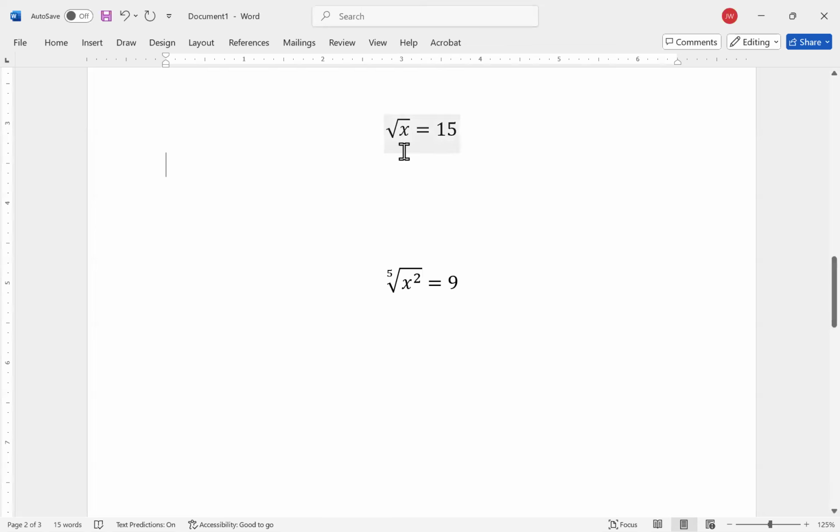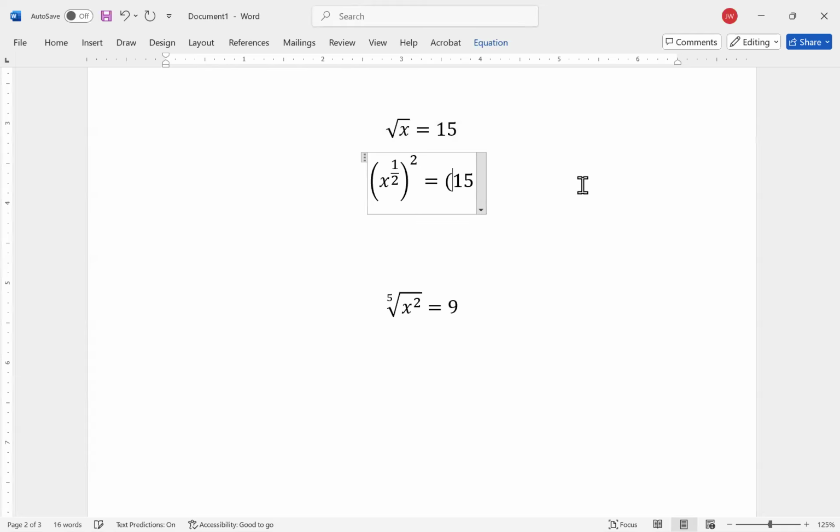In the first one, I try to realize that this is just x raised to the 1/2 power equaling 15. And so I can simply square both sides to get the answer that I'm looking for.